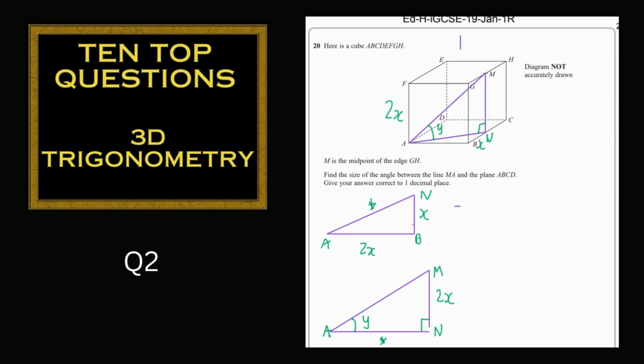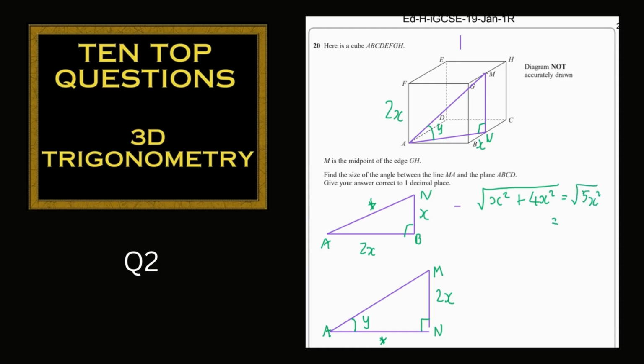There's no angles apart from the right angle. We can use trigonometry. We can use Pythagoras. The longest side is the square root. You square that side, you get x squared. Square this side, 2x multiplied by 2x is 4x squared.